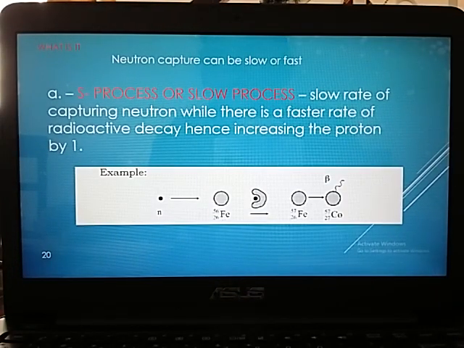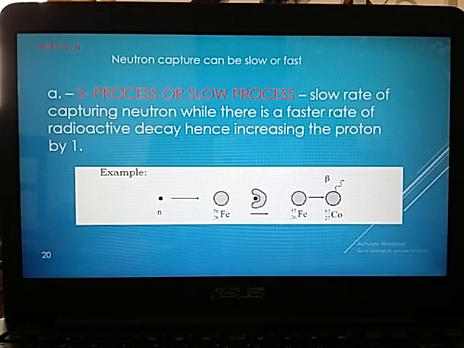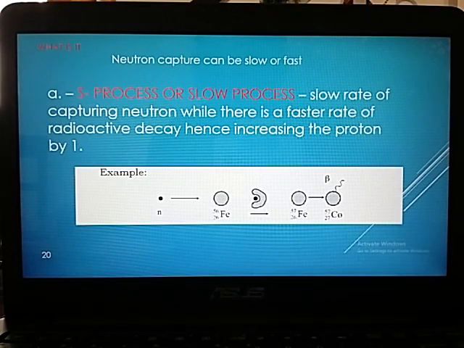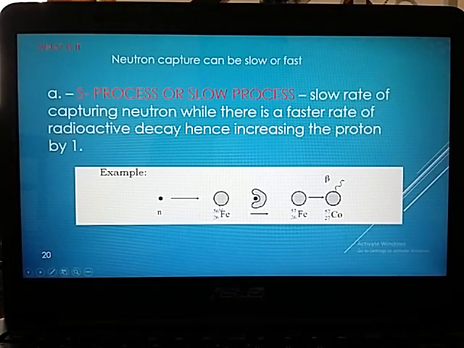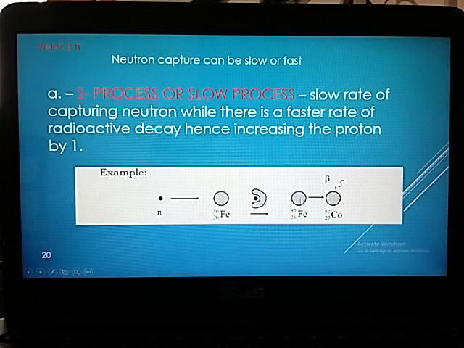So, in a neutron capture, it can be slow or fast. S process or slow process, the slow rate of a capturing neutron, while there is a fast rate of radioactive decay, hence increasing the proton by 1. So an example, this is a slow rate reaction, but another element is formed.